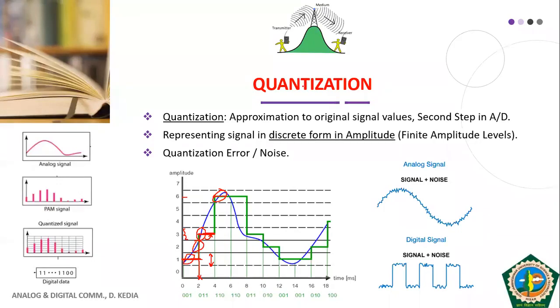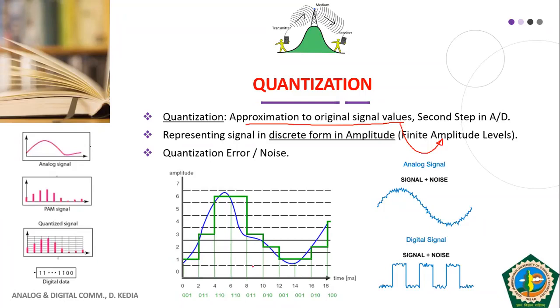During my next sampling instance, say at 6, I am again in this same range, so I maintain the same level. Now during sampling instance number 8, my signal has reached this voltage range, so I will consider this as my finite level. Similarly here. I hope all of you have understood that I am approximating my original signal values to finite amplitude levels.